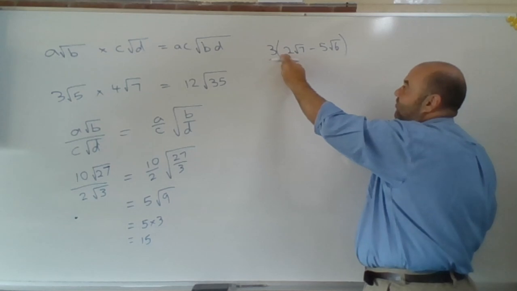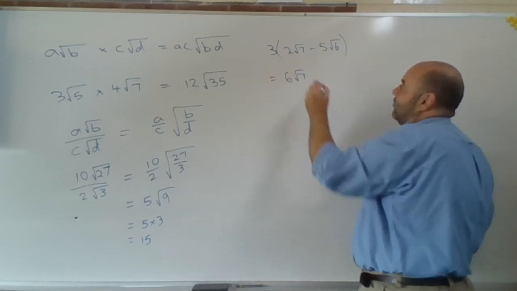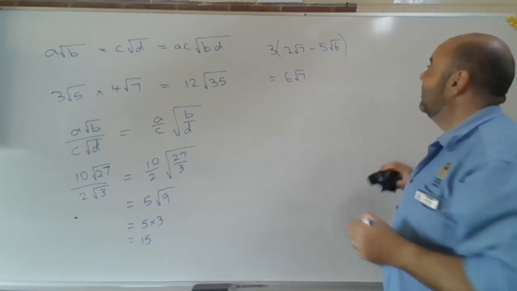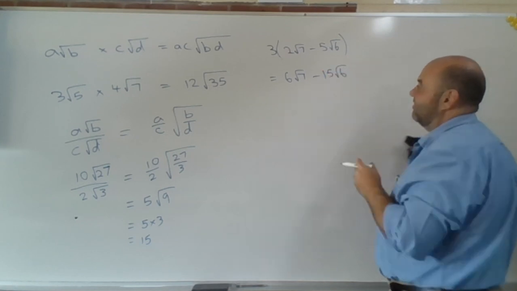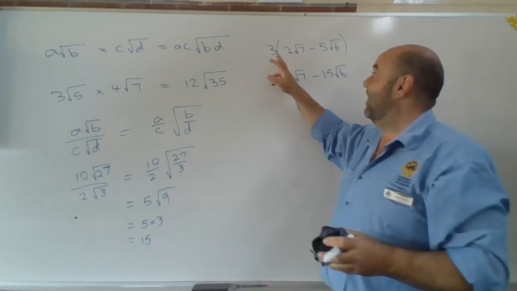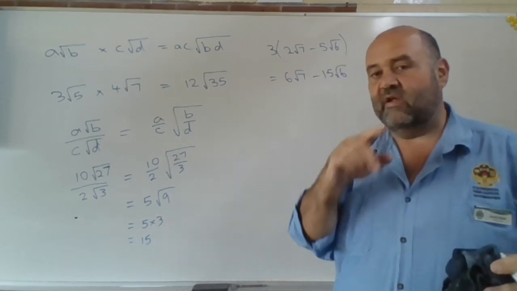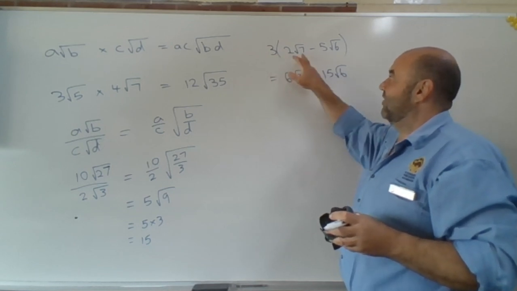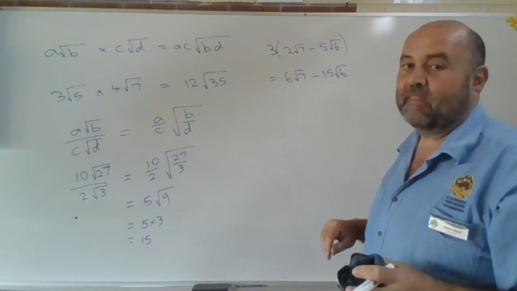So the 3 and the 2 get multiplied to give me 6 root 7. The 3 and the negative 5 get multiplied to give me negative 15 root 6. Because the 3 doesn't have a surd part to it, it does nothing to the 7 over here and it does nothing to the 6 over there.